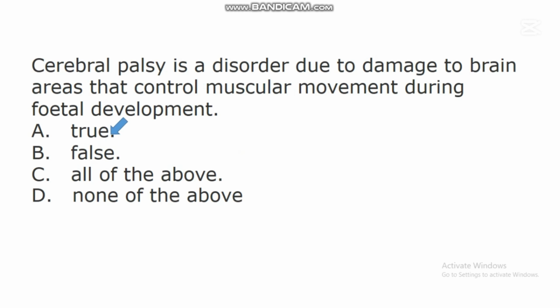This problem can damage the areas of the brain that control muscular movements in such a way that the baby can experience a lot of issues when he or she is born.